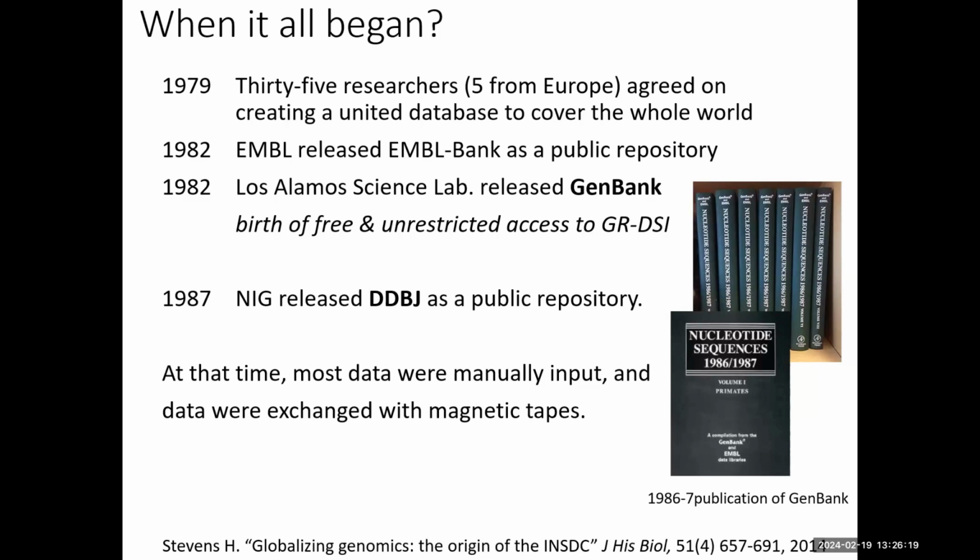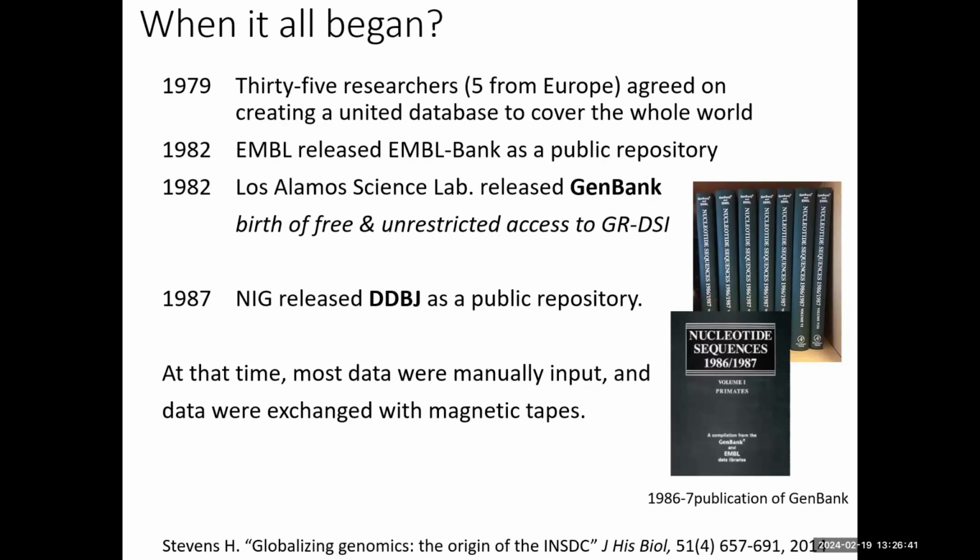Three years after this initial meeting, EMBL, or EMBL Bank, was started in Europe first. And right after, in the same year, 1982, GenBank was started at Los Alamos Science Laboratory.